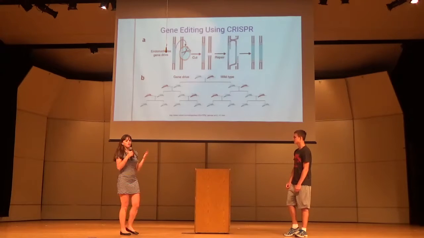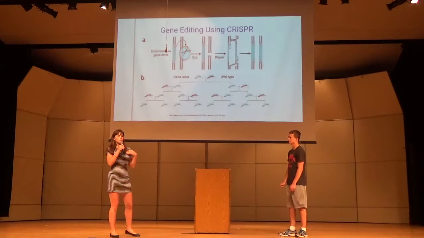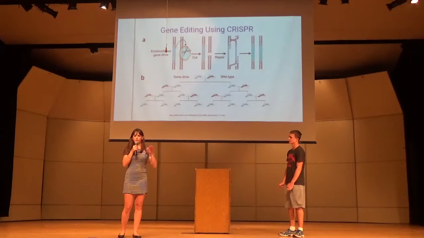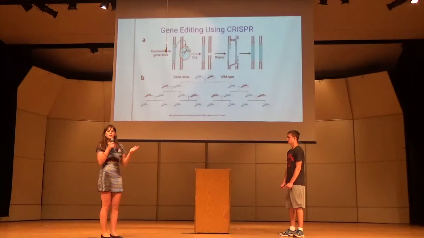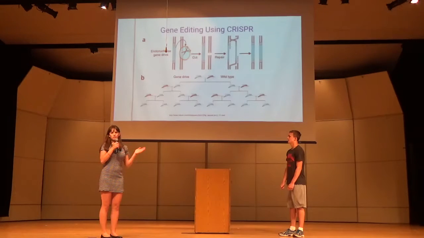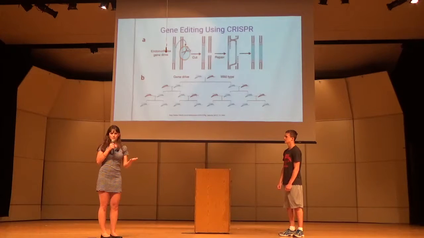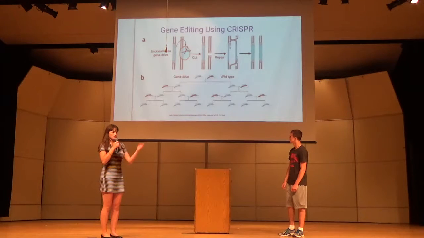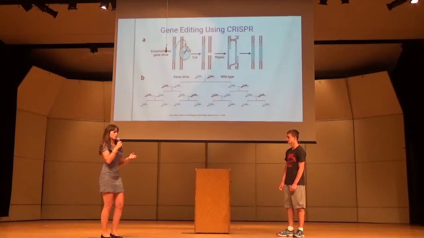Usually it would be 50-50. But if we have CRISPR in the gene, then it'll go in and cut the dad's DNA where the malaria gene isn't. And then to repair itself, the DNA is going to look at the homolog, which is going to be the mom's DNA, and copy that. So then both pairs are going to have the gene for malaria resistance.